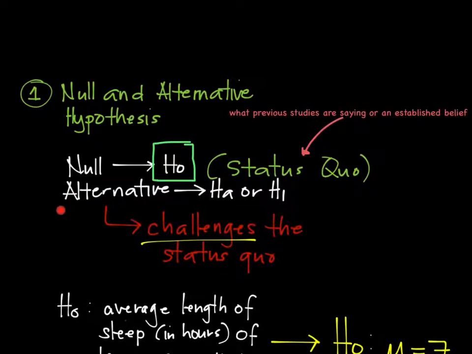You need to provide data that will support this so that you can reject what is currently the known information. Now, if the null hypothesis is denoted by H sub 0, the alternative hypothesis can be denoted as H sub A or H1 or H sub 1. These are the notations that you need to use when you set the null and alternative hypothesis. Now, let me show you an example.